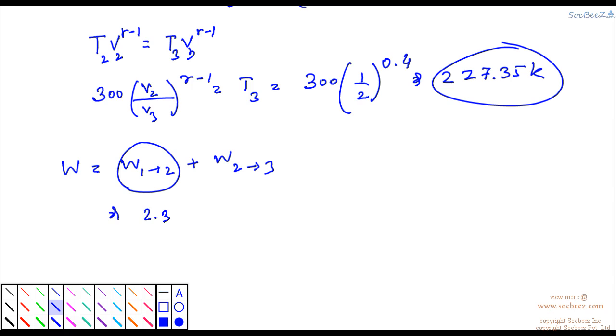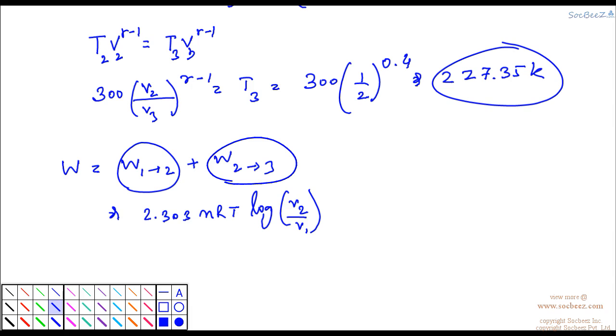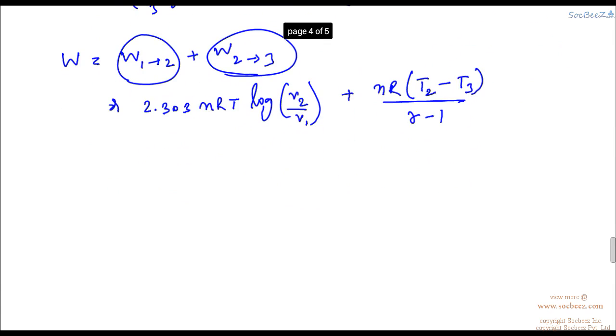Work 1 to 2 is for an isothermal process, so 2.303 nRT log of V2 upon V1, plus 2 to 3 is the adiabatic process, which is nothing but minus of the change in internal energy, that is nR times T2 minus T3 upon gamma minus 1.